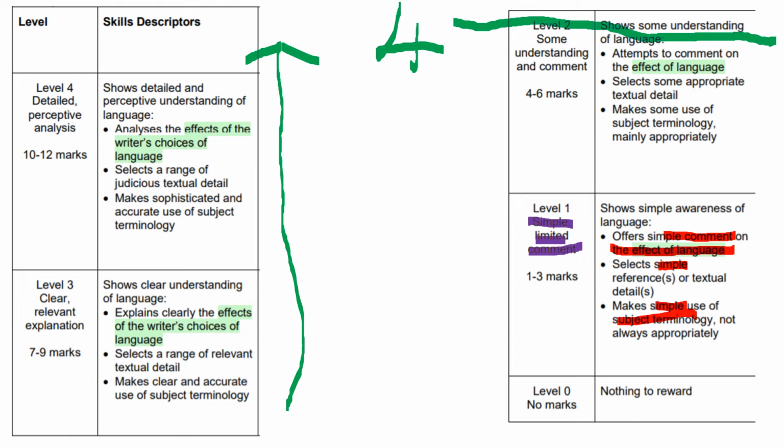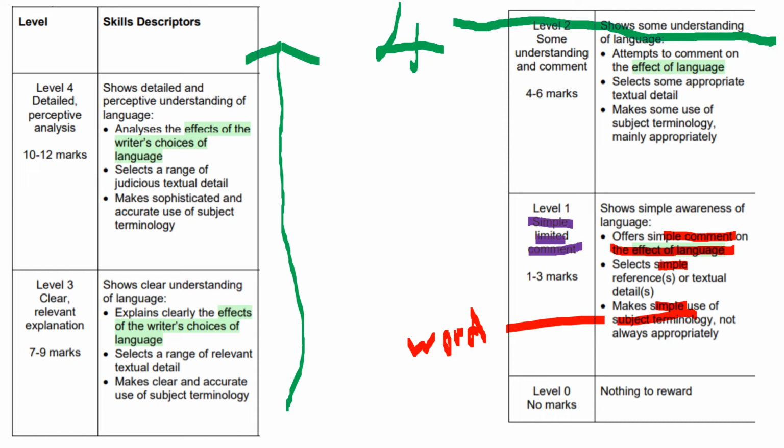That might be just saying the writer uses the word this. That's what they're looking for. In your writing you might say, the writer uses the word this to show us how bad the place is. It's a simple idea.